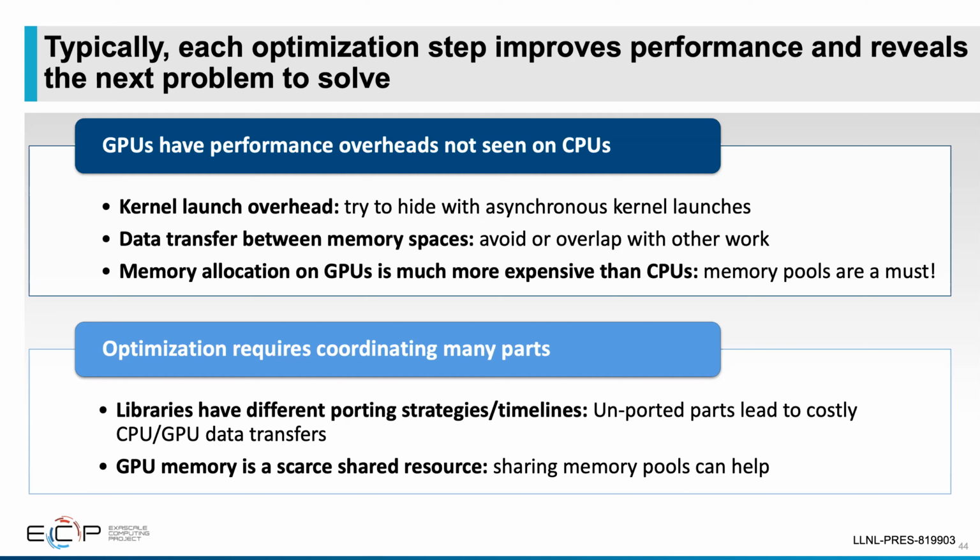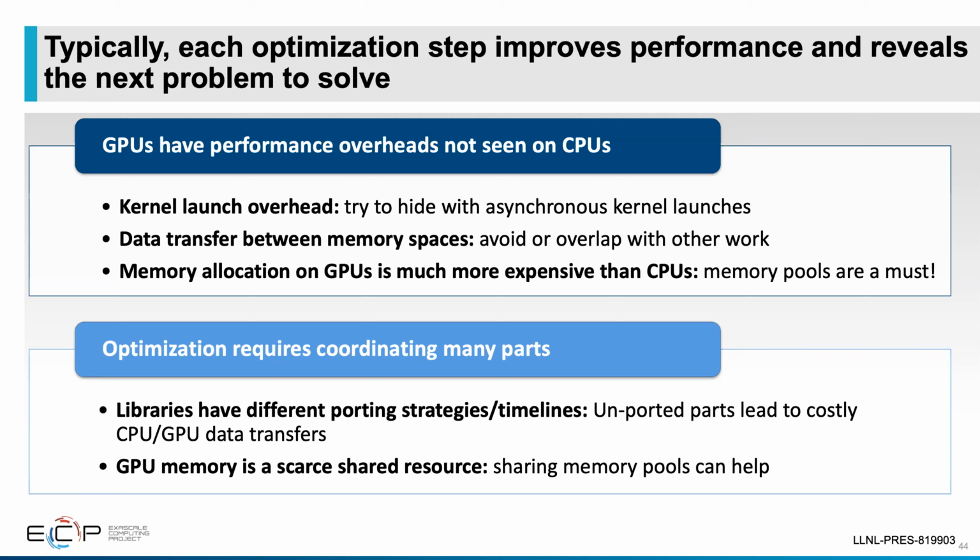And then GPUs tend to also have less memory than CPU-based platforms. For this reason, we really think memory pools are a must. And then for folks who work on very integrated codes with different packages, there's a component of coordination, right? If there are packages that are unported, this will lead to costly CPU and GPU data transfers.